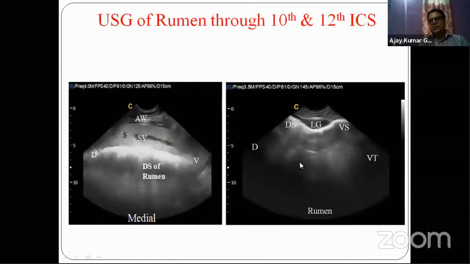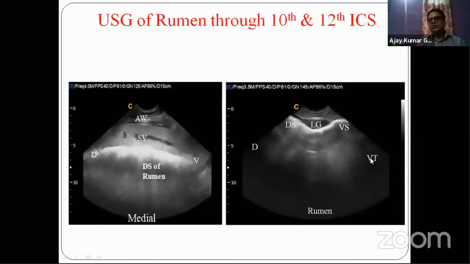Whereas in this picture, you can see the ruminal wall is a thick echogenic line, but it is indented medially. This indicates that this is the longitudinal groove, this is the dorsal sac of the rumen, and this is the ventral sac of the rumen. This is the dorsal side, this is the ventral side.